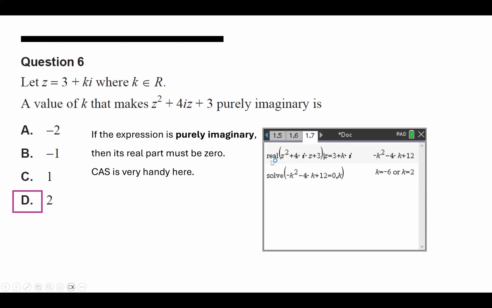I just get the real part of that expression, but of course I need to tell my CAS calculator z equals 3 plus ki. Therefore, what the CAS calculator did was to substitute this z into the quadratic expression and extract the real part in terms of k. Then you can just equate the real part in terms of k to 0, and you find minus 6 or 2, which is option D.